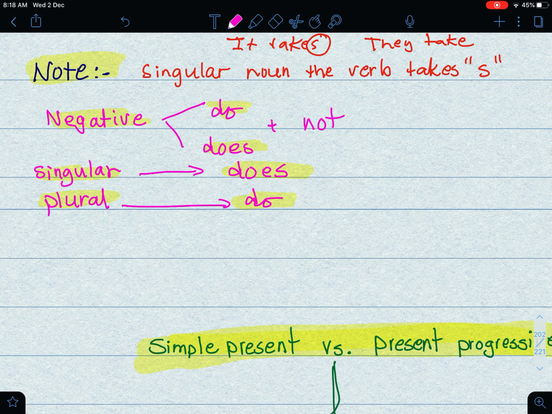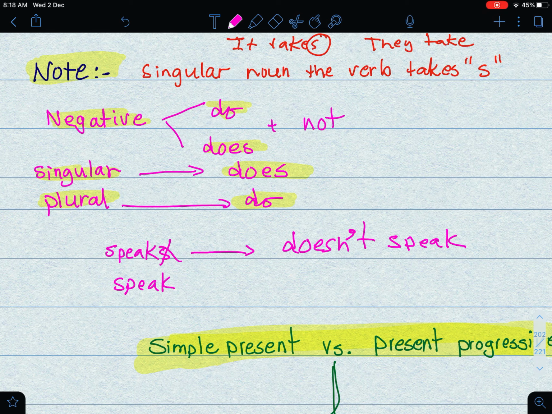Now there is something very important that I have explained previously, but I'd like to explain it one more time. So if I say speaks again and I want to change it into negative, it's gonna be doesn't speak.